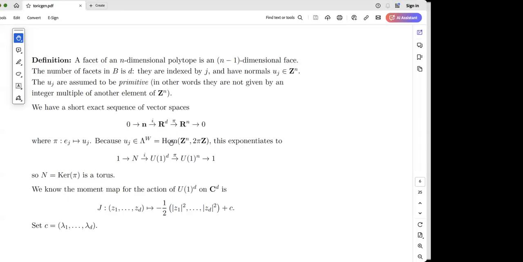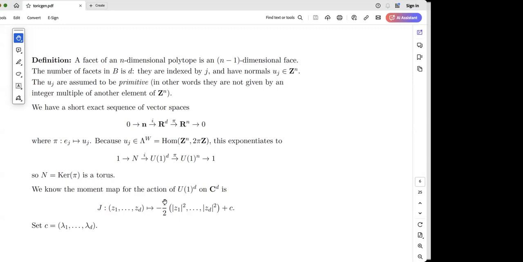Because the u_j are in the weight lattice, this exponentiates to a sequence of abelian groups: the identity goes to N, which goes to U(1)^d by the map I'll also call i, and then to U(1)^n by the map I'll also call pi. So N is the kernel of pi, and this is a torus.